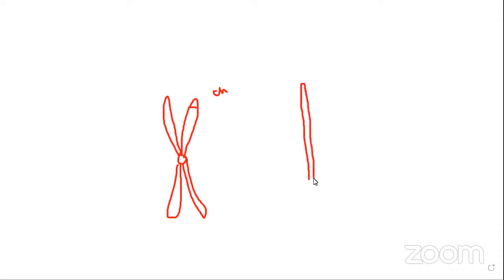On this chromosome there are genes. This portion is called the locus. The locus contains genes, and the gene sequences will be like this. Already we saw it in the previous chapter on chromosomal abnormalities.